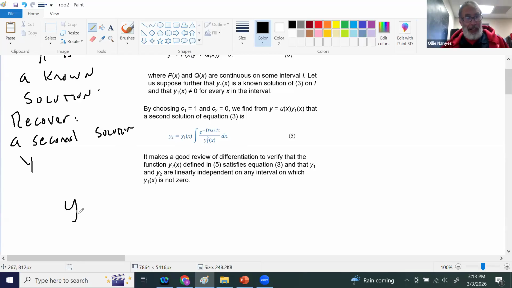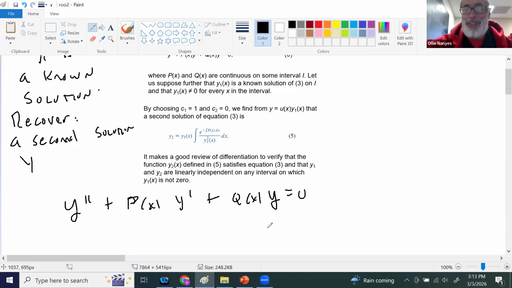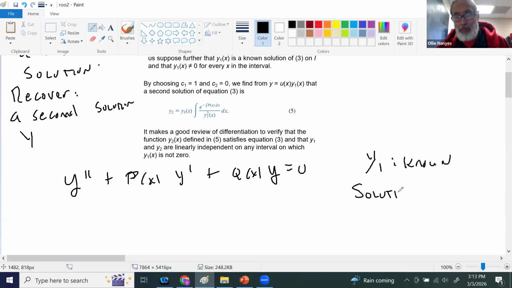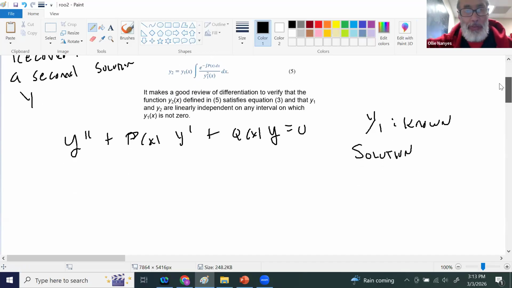So let's just go ahead and start with the differential equation as so. And notice this Q never really appears. That's kind of interesting. And again, y1 is a known solution. So how do we get this new solution?